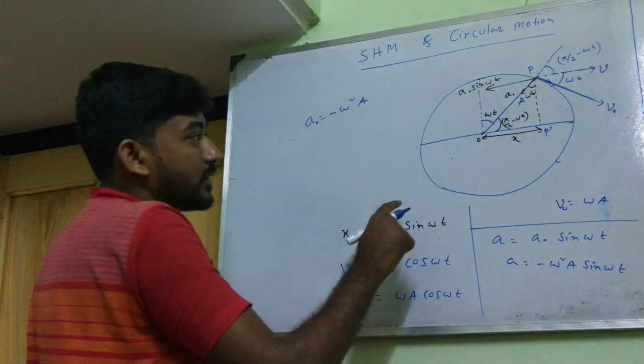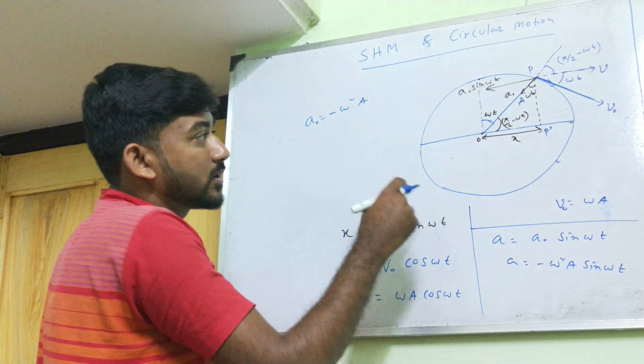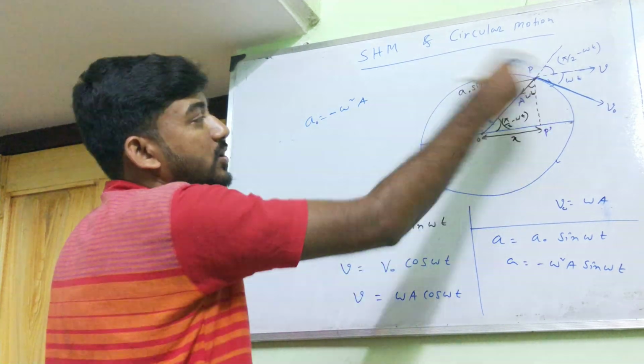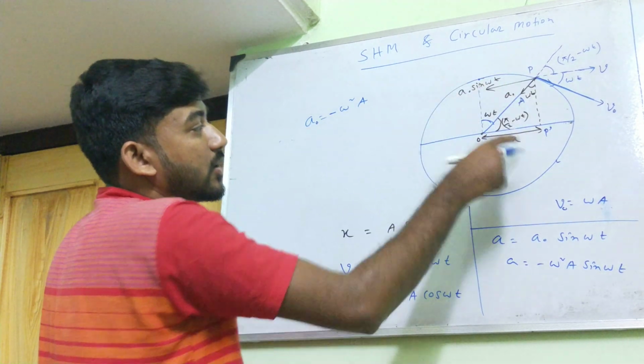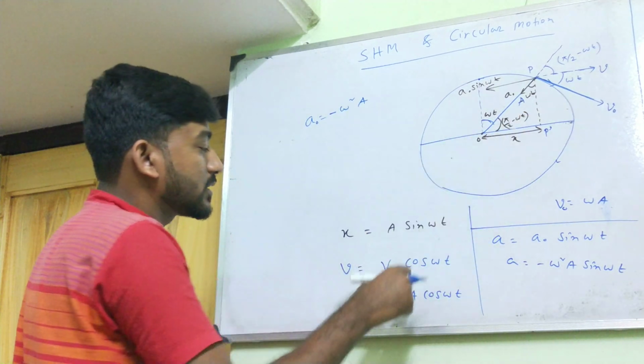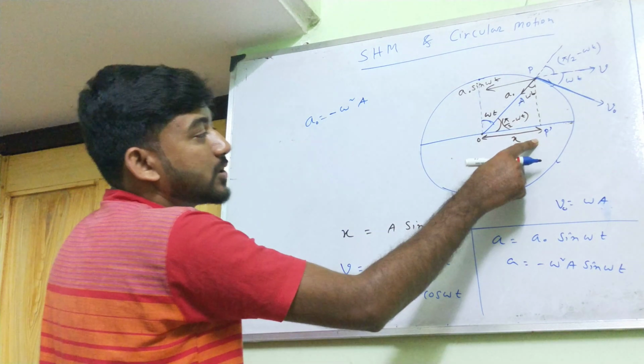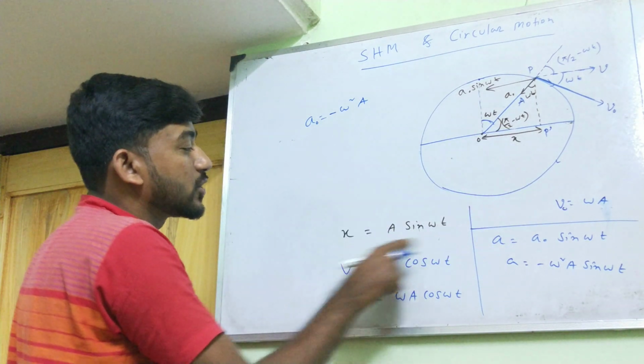So by comparing the SHM with the circular motion, or when you take the projection of the particle executing circular motion along the diameter, we will get all the information of the particle from this diagram simply. The position of this particle will be the position of SHM.